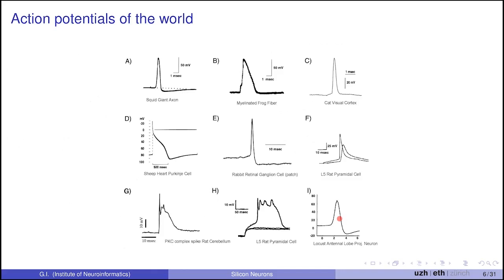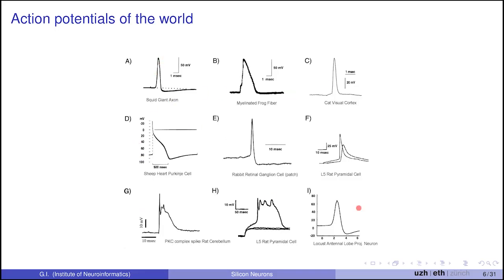So all neurons of every animal species, from insects to humans, have this property of generating action potentials. As I said, depending on the speed of the channels and other parameters, they can have different shapes, but everyone has this feature that you integrate, you reach a threshold, you spike, and you reset.